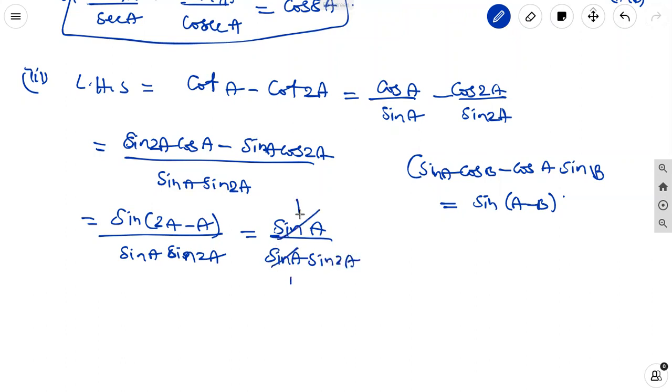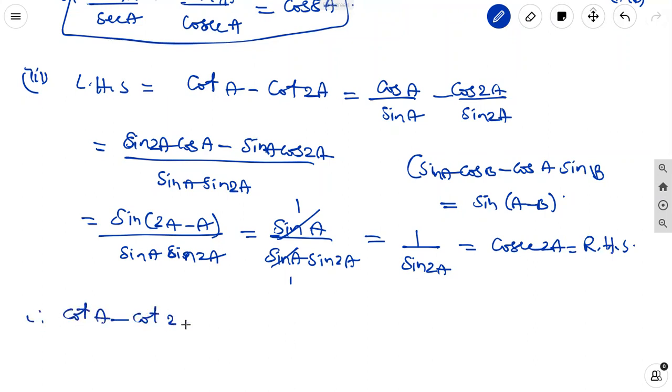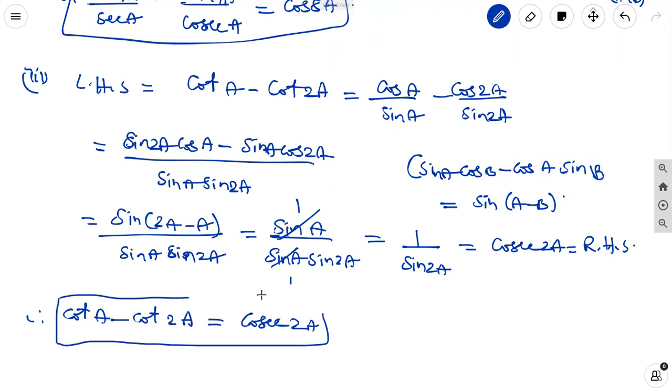Sin A cancels with sin A. It is equal to 1 by sin 2A. 1 by sin means cosec. It is cosec 2A. It is equal to RHS. Therefore, cot A minus cot 2A equals cosec 2A. This is the solution.